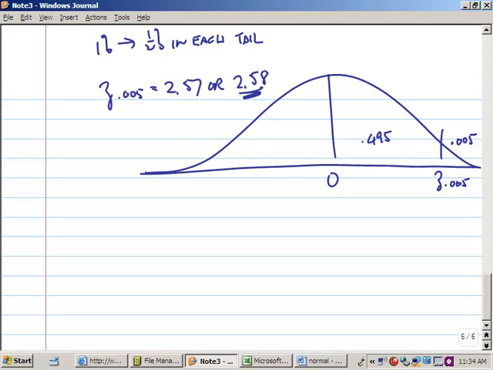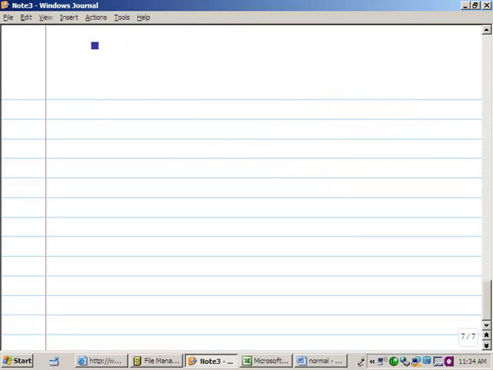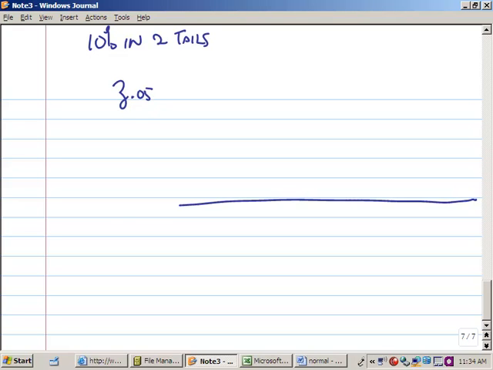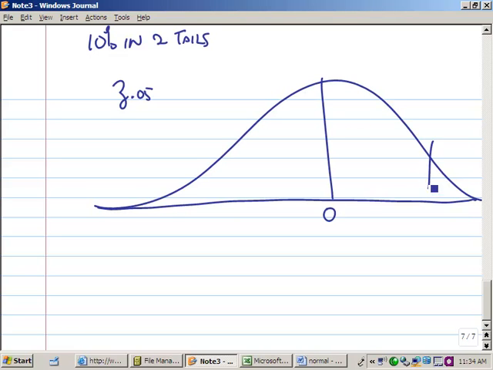Alright, beyond that, you could have 10% in the two tails, meaning that you're going to have 5% in the one tail, so 0.05 here, and then to make up 50% you'll have 0.45.